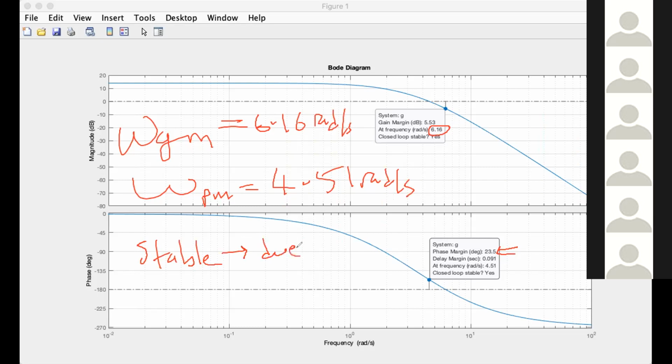Due to the gain margin and phase margin being positive.